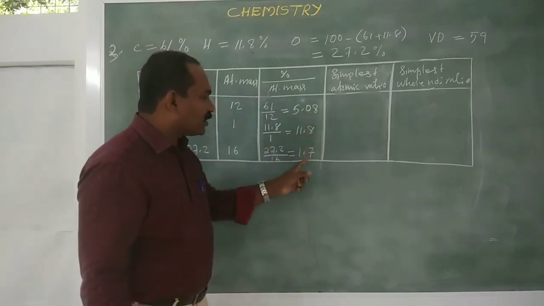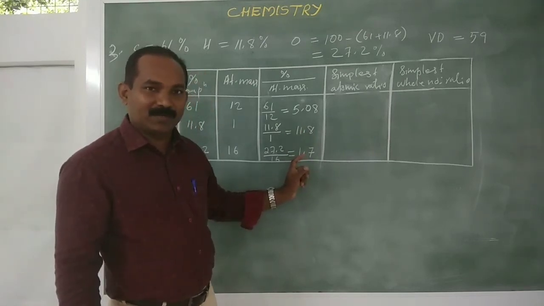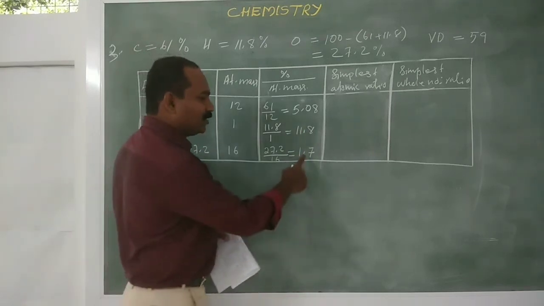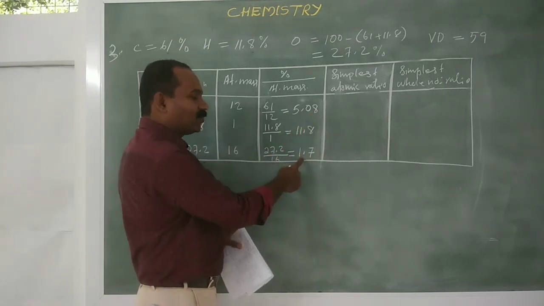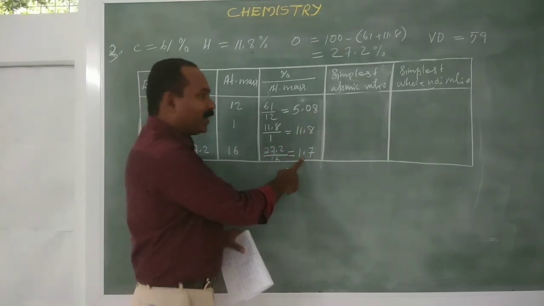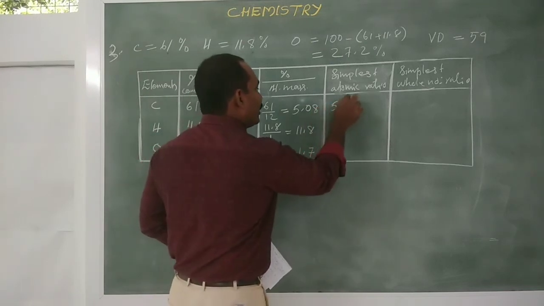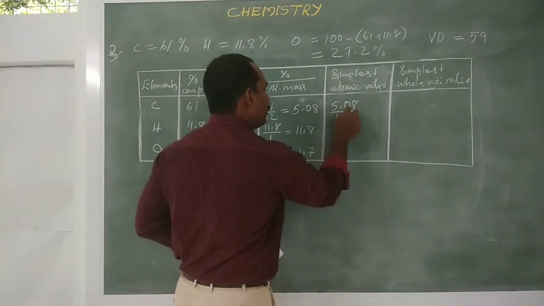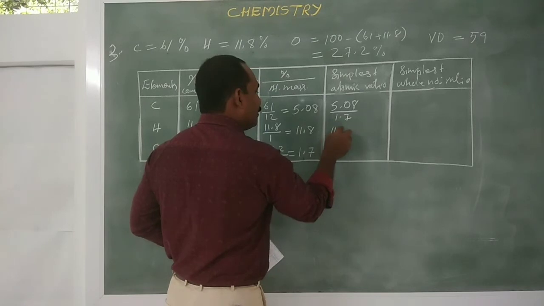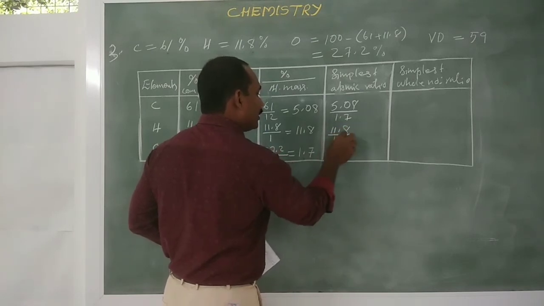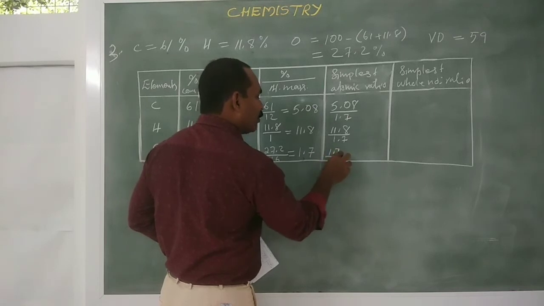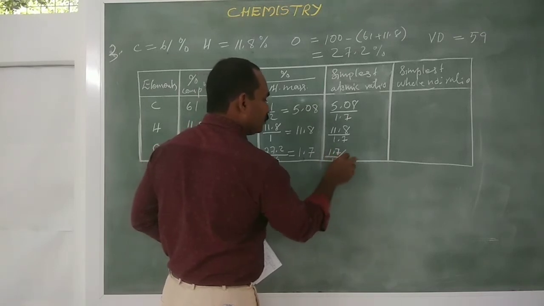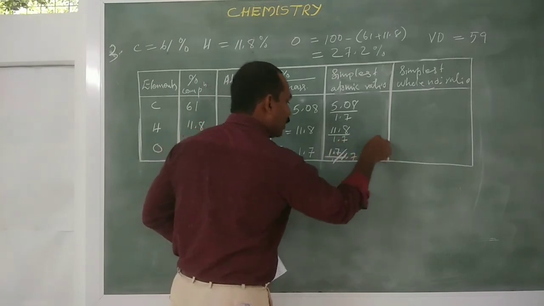Divide all these numbers by the smallest one. Which is the smallest one? Among 5.08, 11.8, the smallest number is 1.7. So 5.08 divided by 1.7, 11.8 divided by 1.7, and 1.7 by 1.7.